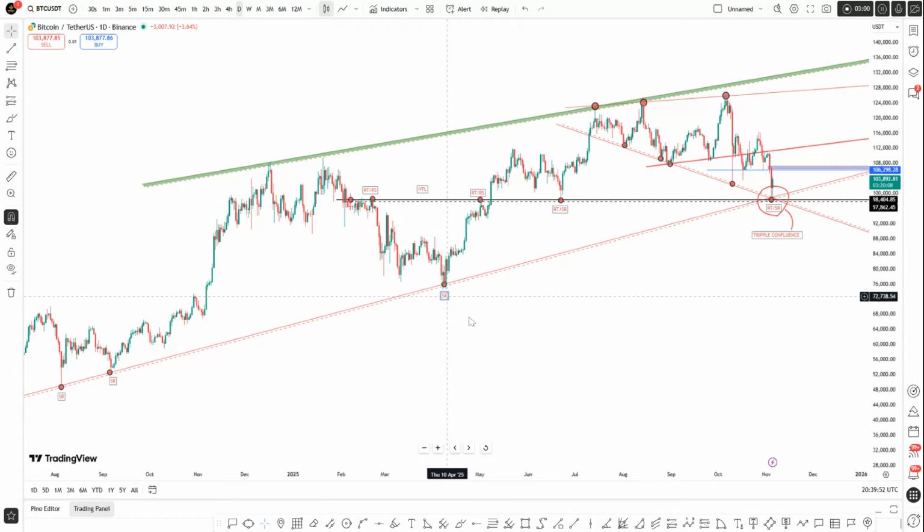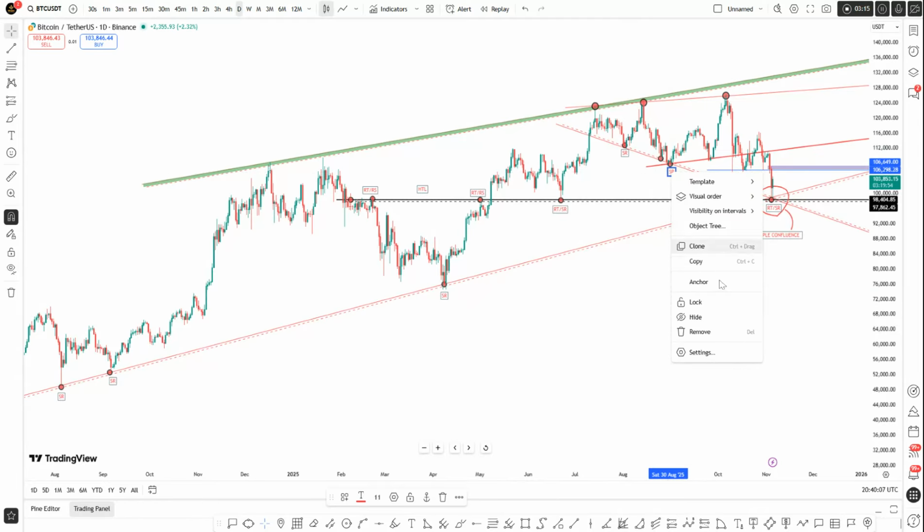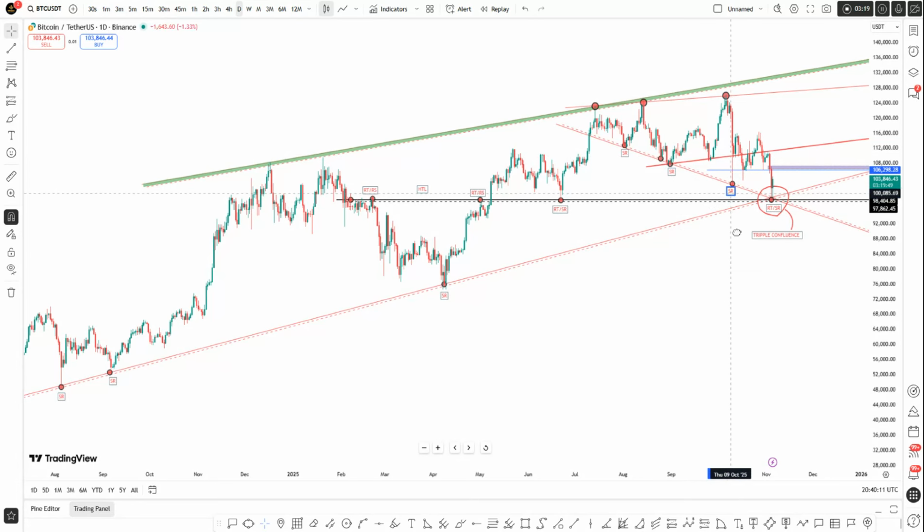To put it into perspective, that's support become resistance 1, support become resistance 2, 3, 4, and finally 5. And if you look here, we have an RT, SR after breakout structure.